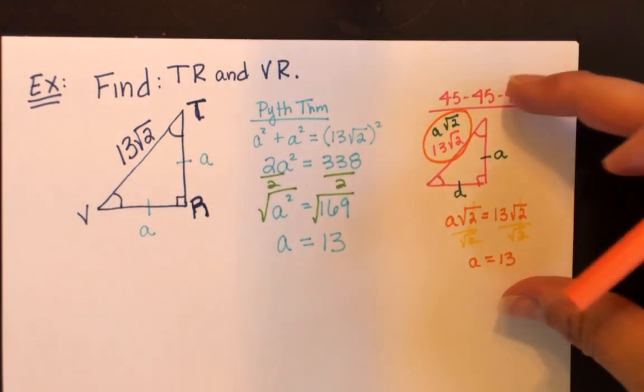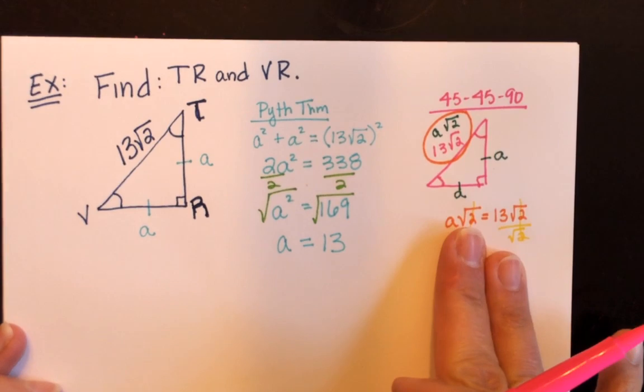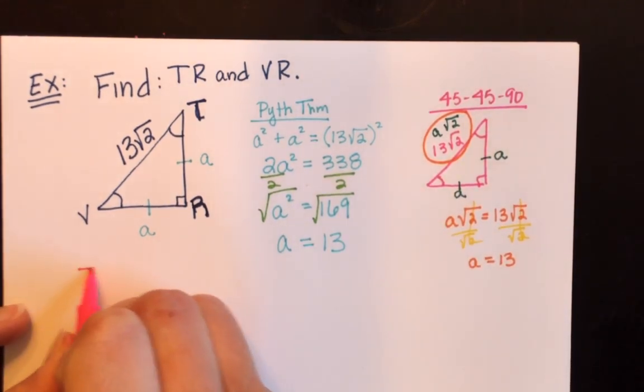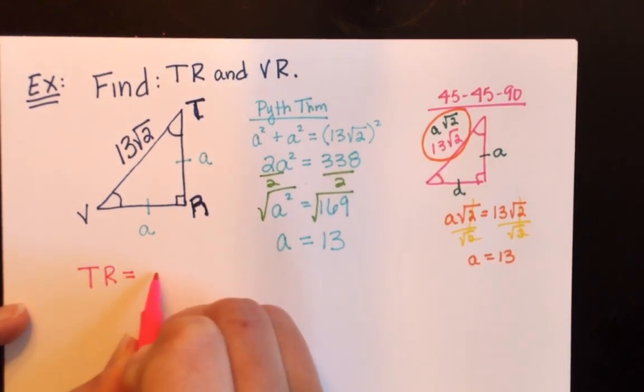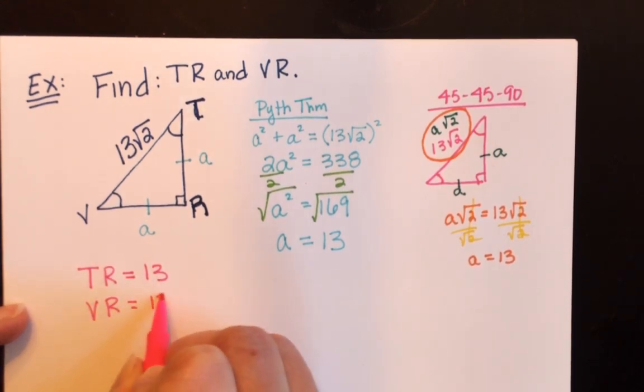That's why our 45-45-90 ratio works so much better, because it just cuts back on time. So when we're all done, and whichever way we've chosen now, TR would end up being 13, VR is 13, and we're finished.